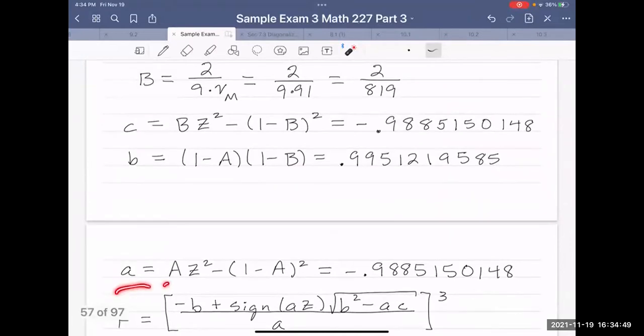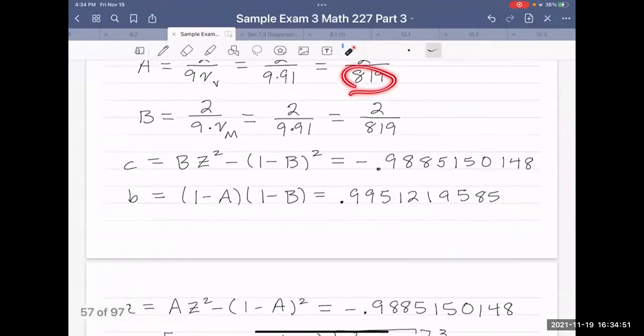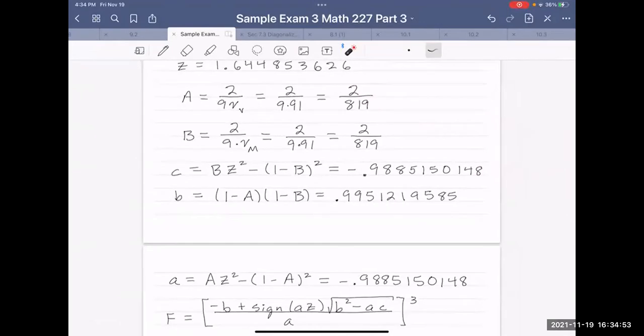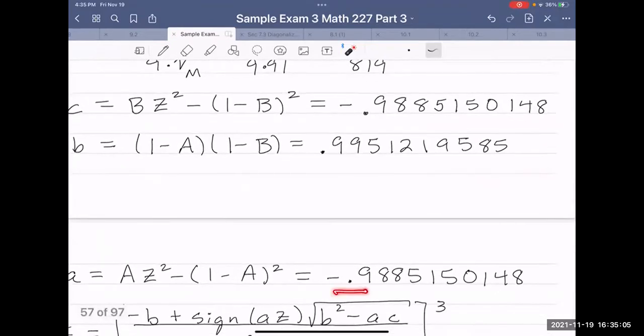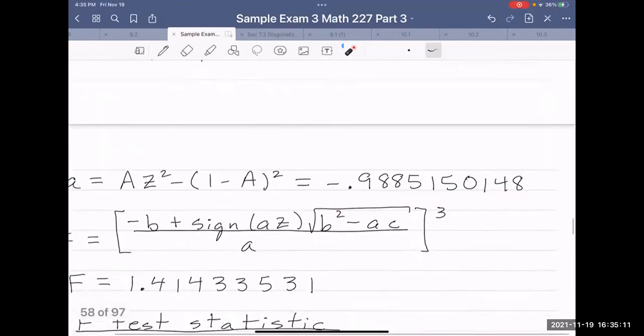A is equal to A times Z squared minus the quantity 1 minus A squared. And so you get negative 0.9885150148.